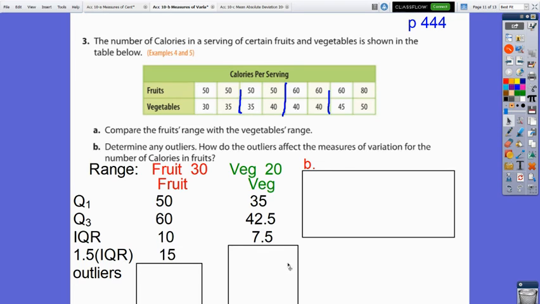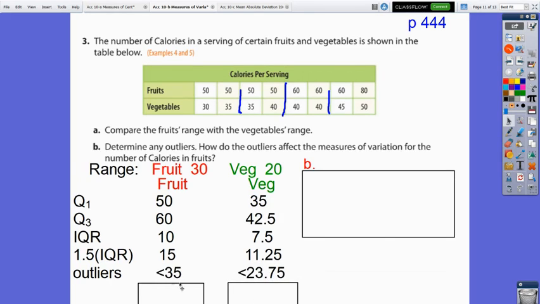1.5 times that is 15 or 11.25, and then calculate your outliers. Is it 15 lower than 50 for fruits? Nope. 11.25 lower than 35? Nope, that's not a problem. That would be 23.75.